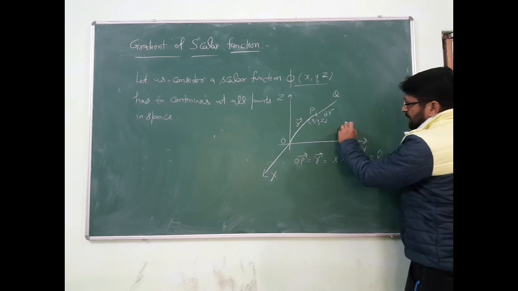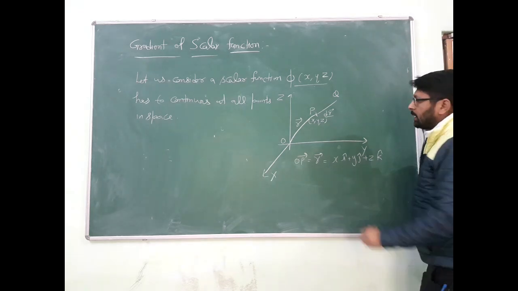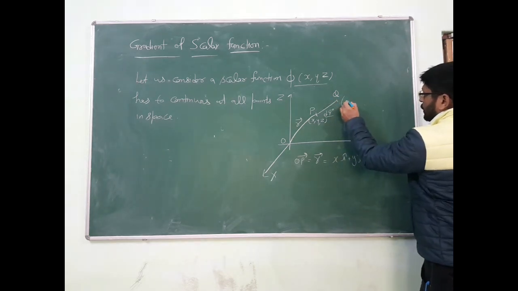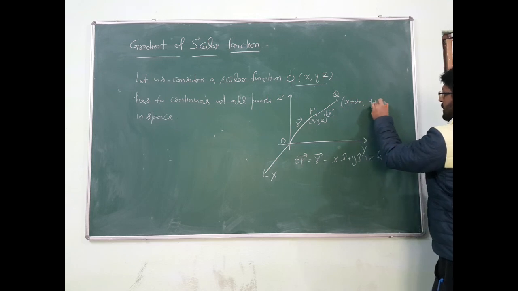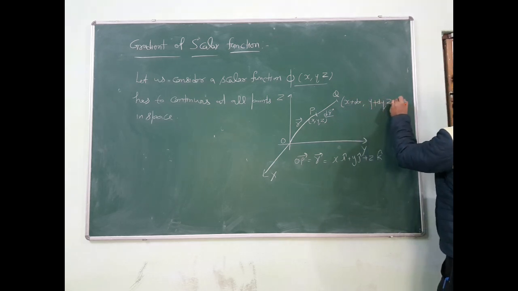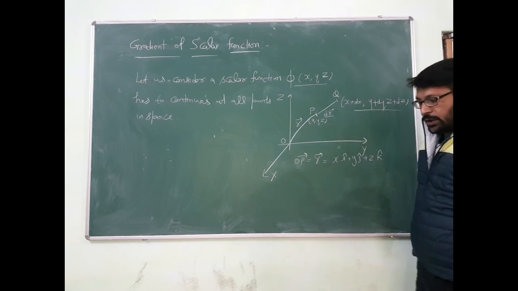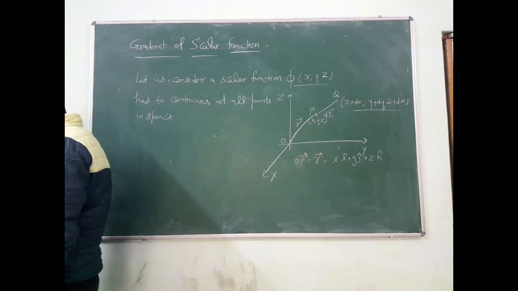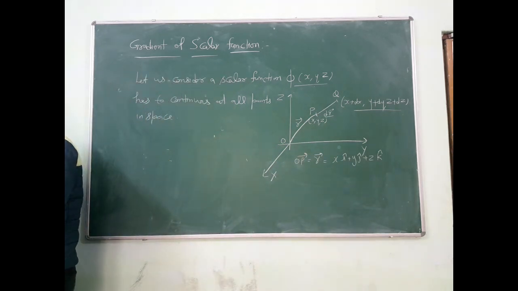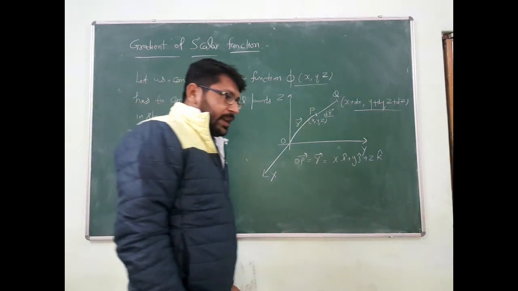And if we displace from P to Q by a small vector dr, in that case the coordinates of Q will be x plus dx, y plus dy and z plus dz. These will be the coordinates of Q. So when we move from P to Q, what will happen?